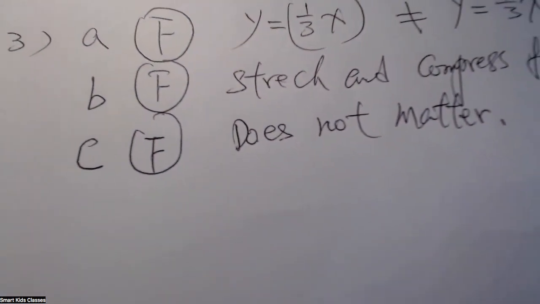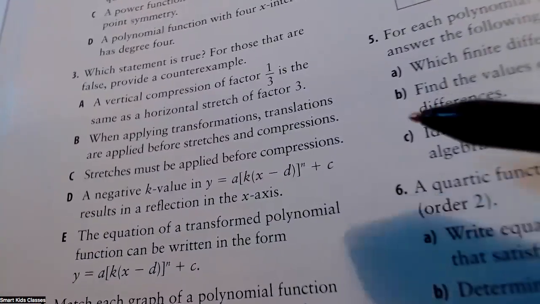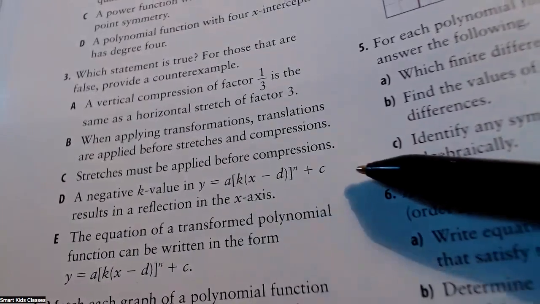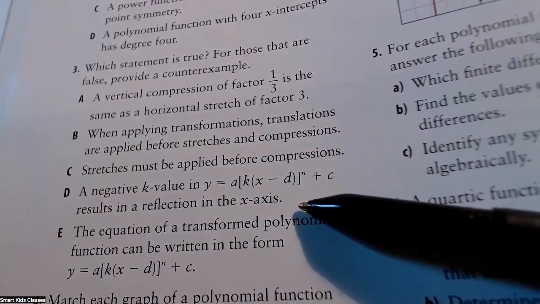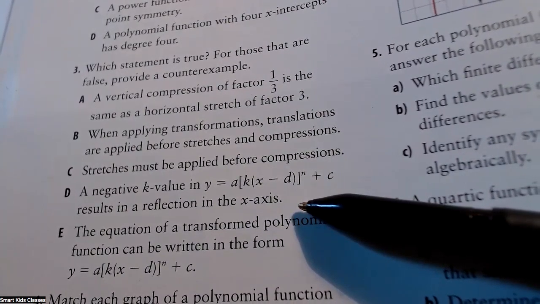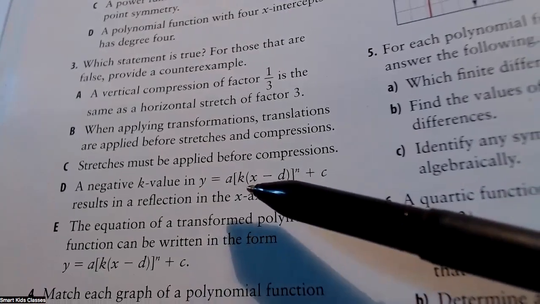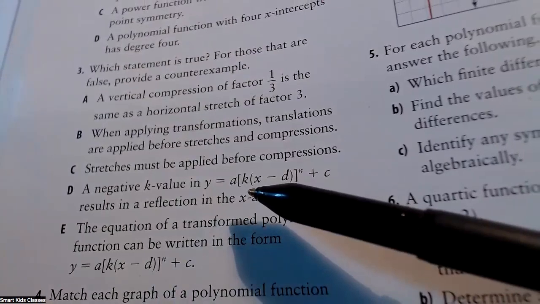Now we are going to do D. So what is question D? So D is a negative k variable. So in this transformation formula, it results in a reflection in the x-axis, which is wrong. So it's false because k is on x. When k is negative, it reflects over the y-axis.